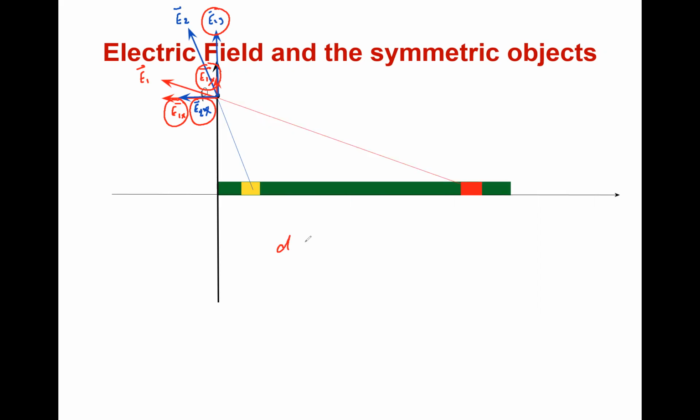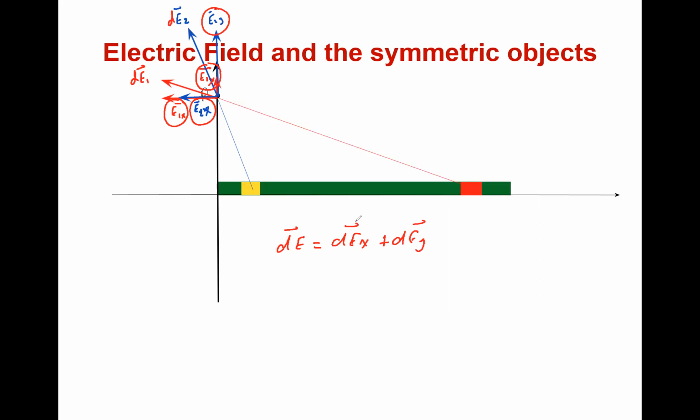So the final, okay, we are talking about dE, not E. So the total dE equals dEX plus dEY.